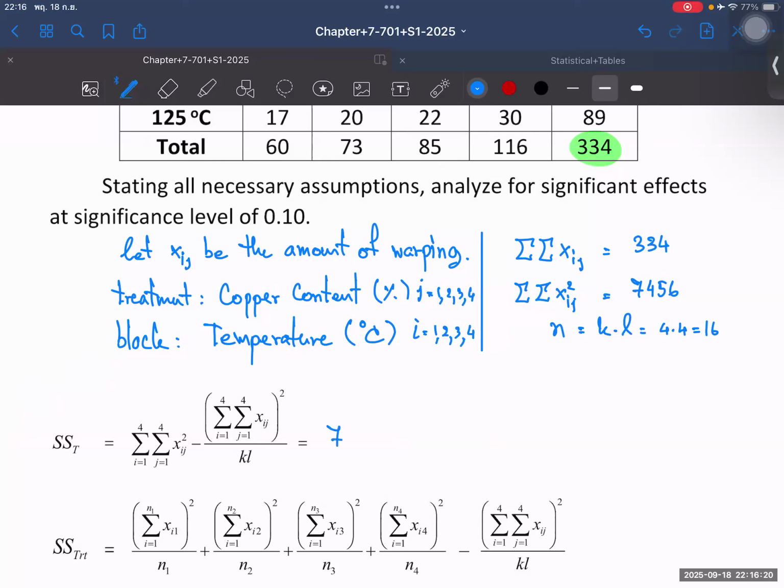For 7,456 minus 334 to the power 2 divided by 16. So I received 483.75. Okay.